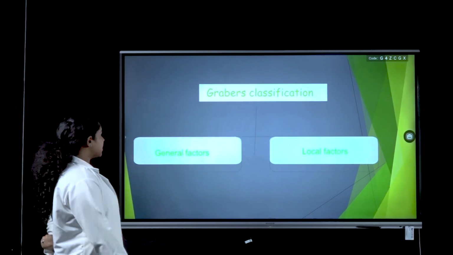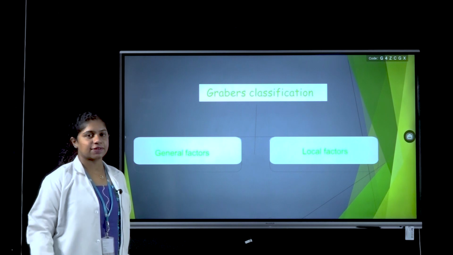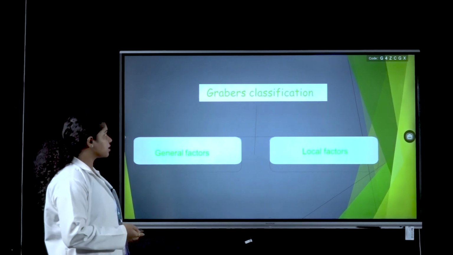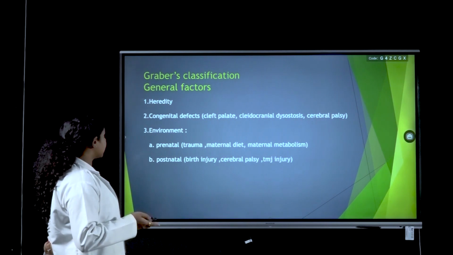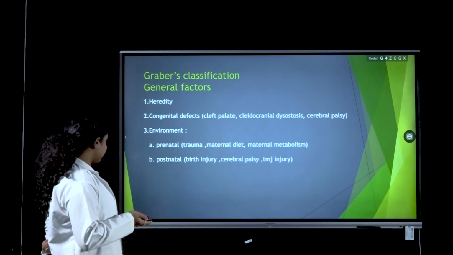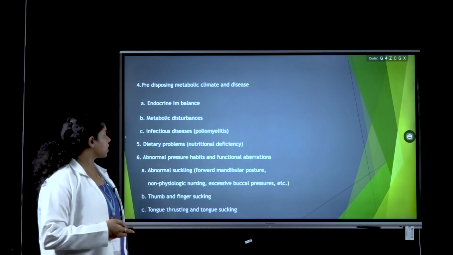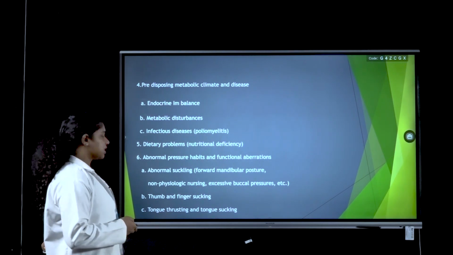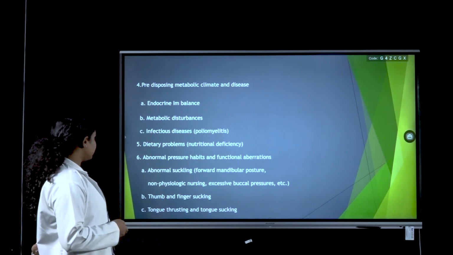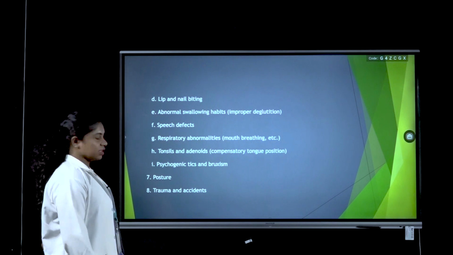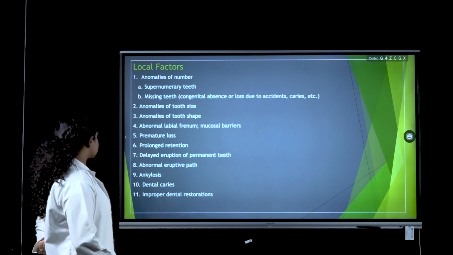Coming to Graeber's classification, it can be broadly classified into general factors and local factors. General factors include heredity, congenital defects, environment, predisposing metabolic climate and disease, dietary problems, abnormal pressure habits and functional aberrations, posture, trauma, and accidents.